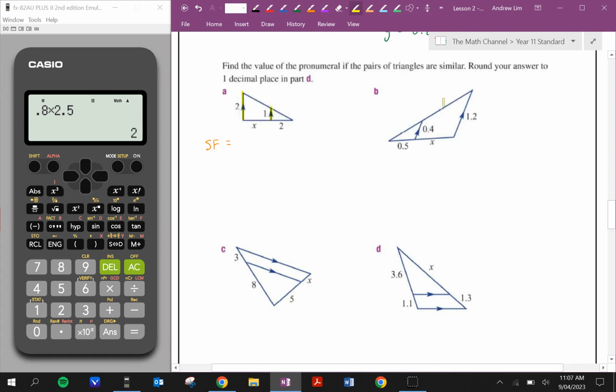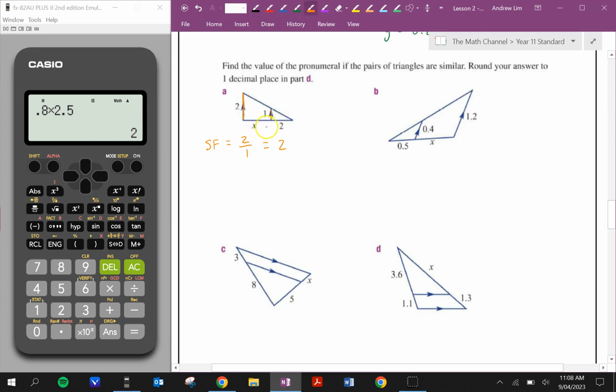Maybe it'll be helpful to just point out the two similar triangles first. This triangle here, that small one, is similar to this big one. So they are similar. That means that this big corresponding side corresponds with this smaller one. They match. So scale factor is 2 over 1, which is 2. So we want to work out x.